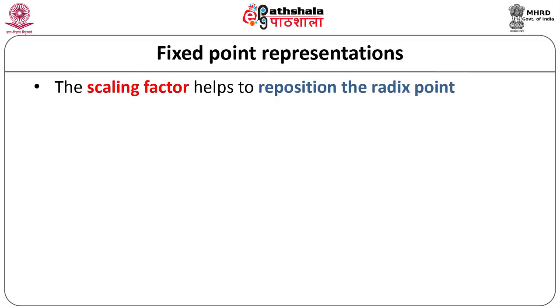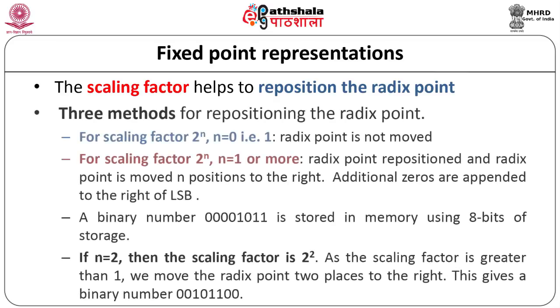There are 3 methods for repositioning the radix point. The radix point is moved to the right or to the left or remains where it is based on the scaling factor.